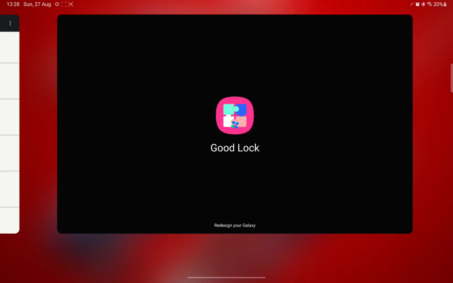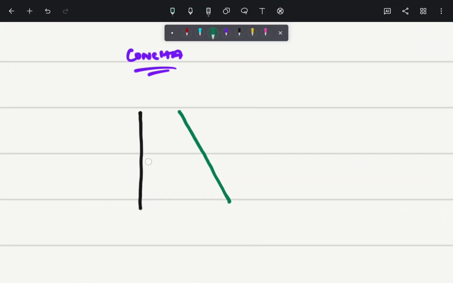I will remove the nasal septum here. So this is the lateral wall of the nose, and the lateral wall of the nose usually has this big extension, which is the turbinate.